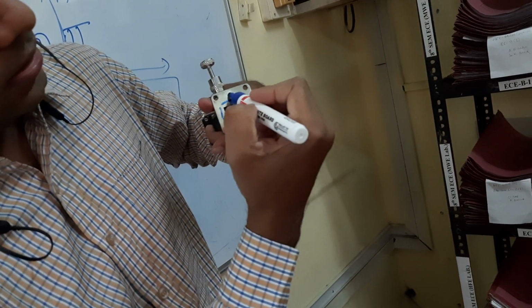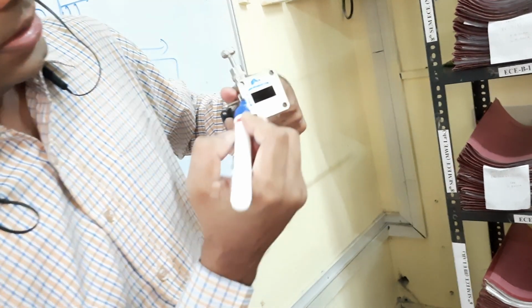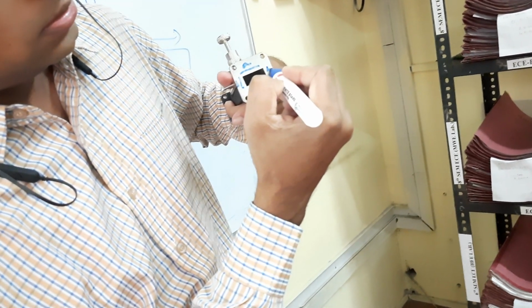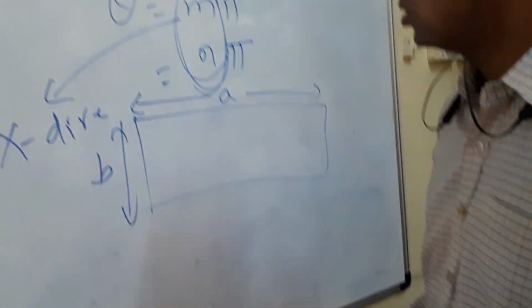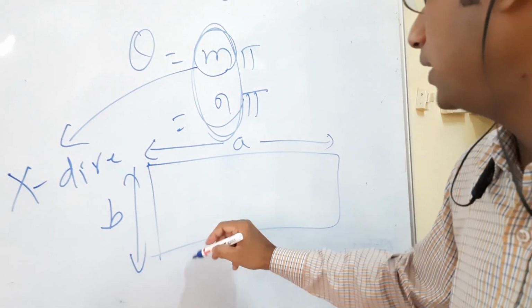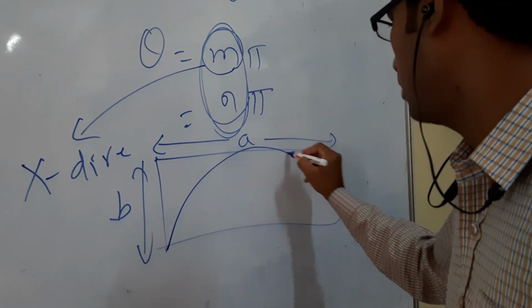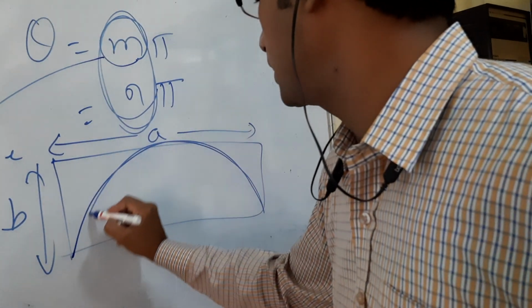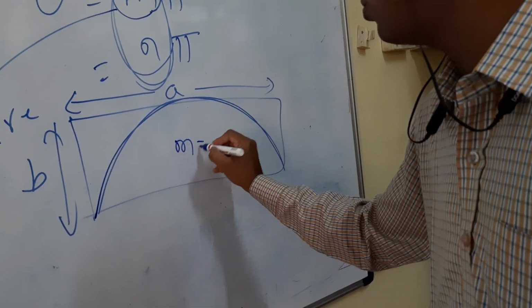This is A and this is B. So M denotes the number of half wavelengths along this broader dimension. That means if it is 1, here the number of half wavelengths is 1. That means here M equal to 1.